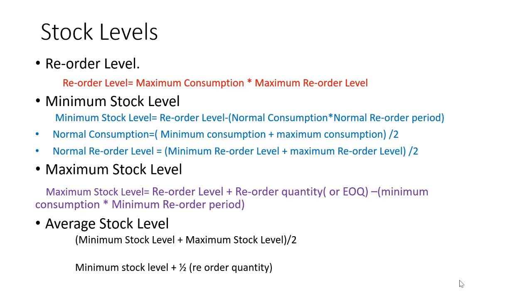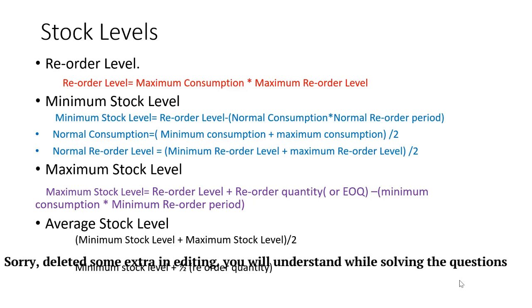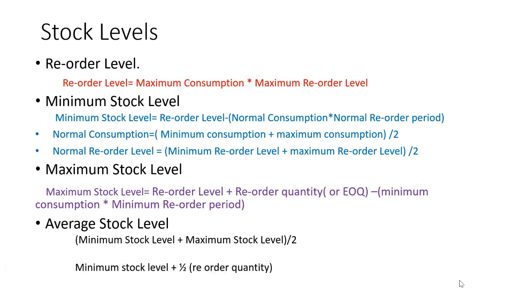For calculation purposes, say you need 100 units per day and you can get the material within 4 days. So 100 into 4, you get the reorder level, that is 400 units. Once you reach that level, you have to place an order for that material.